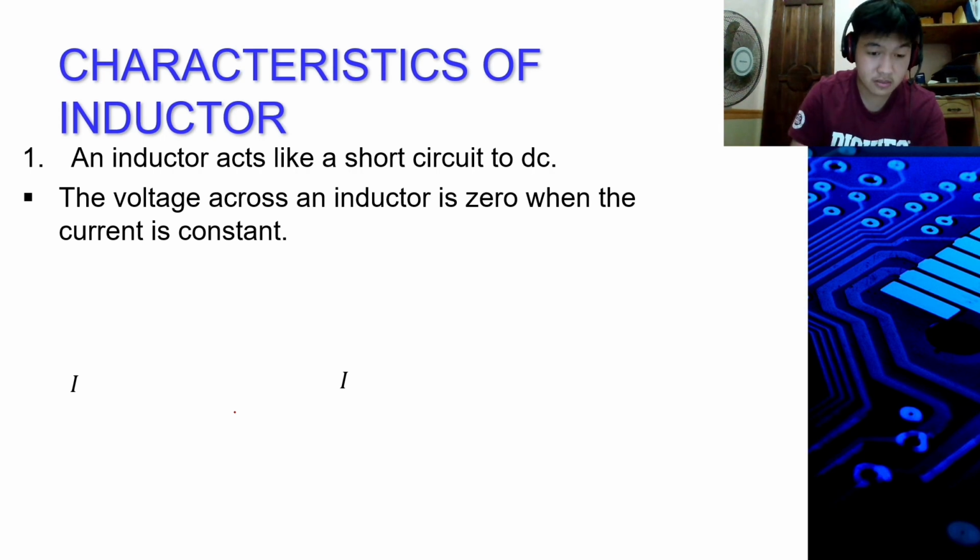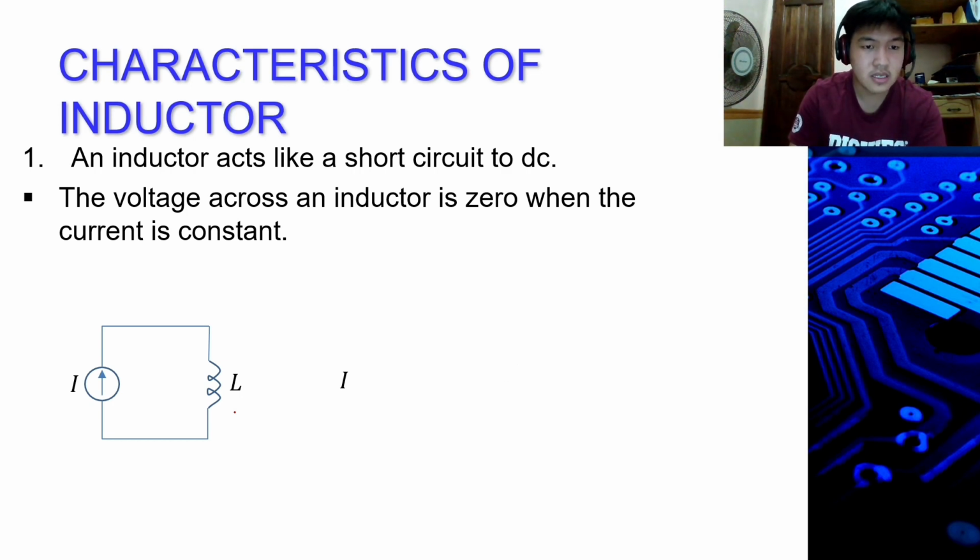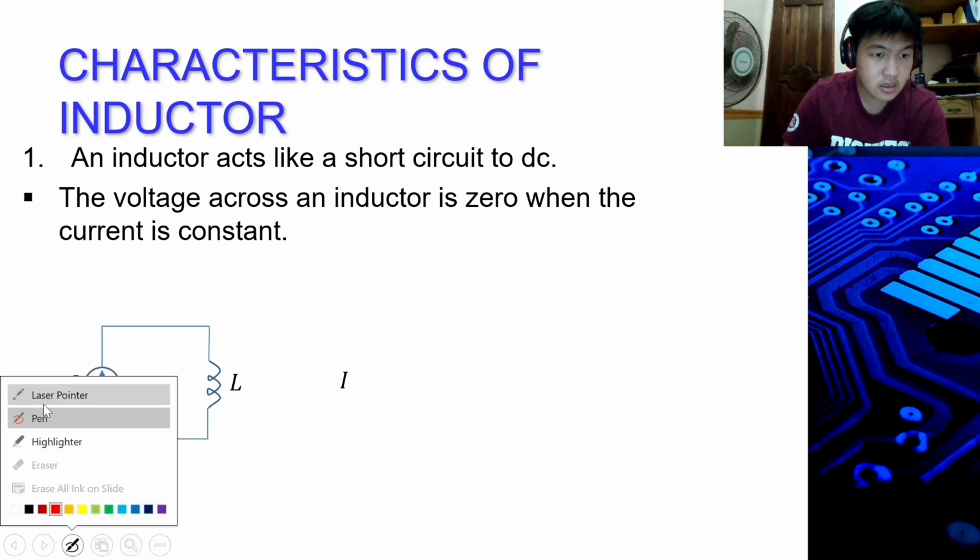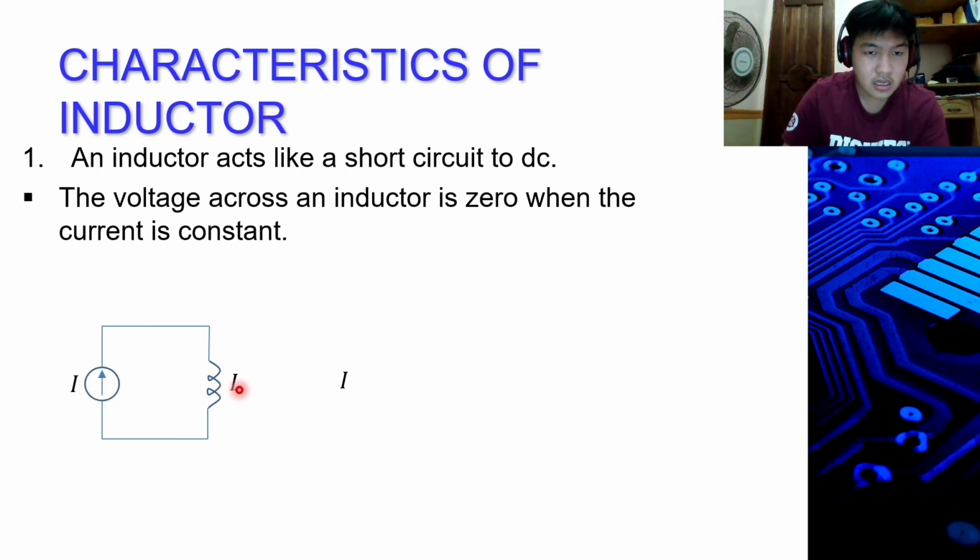So for example, we supply current to an inductor, and after a certain period of time, the element will be a short circuit.